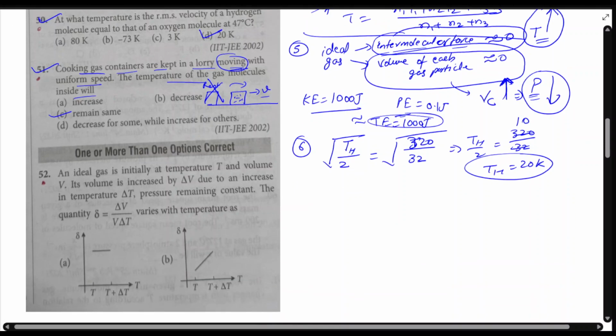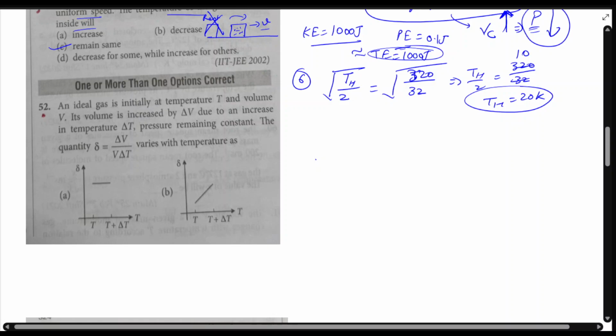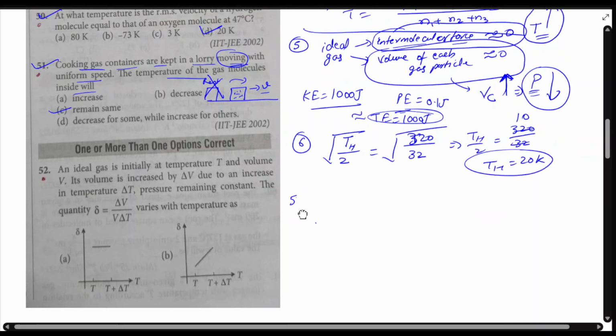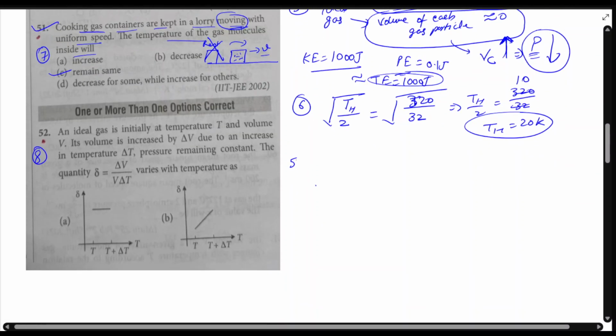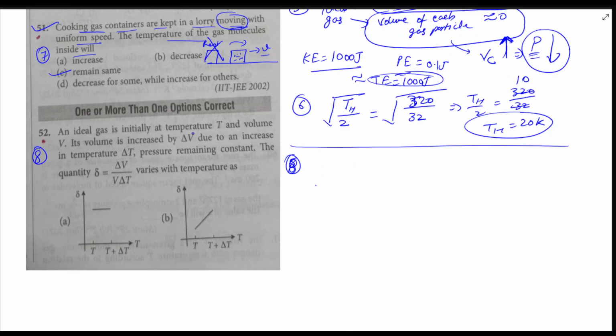Let's move on to our eighth question. An ideal gas is initially at temperature T and volume V. The volume is increased by delta V due to an increase in temperature delta T. The pressure is constant.